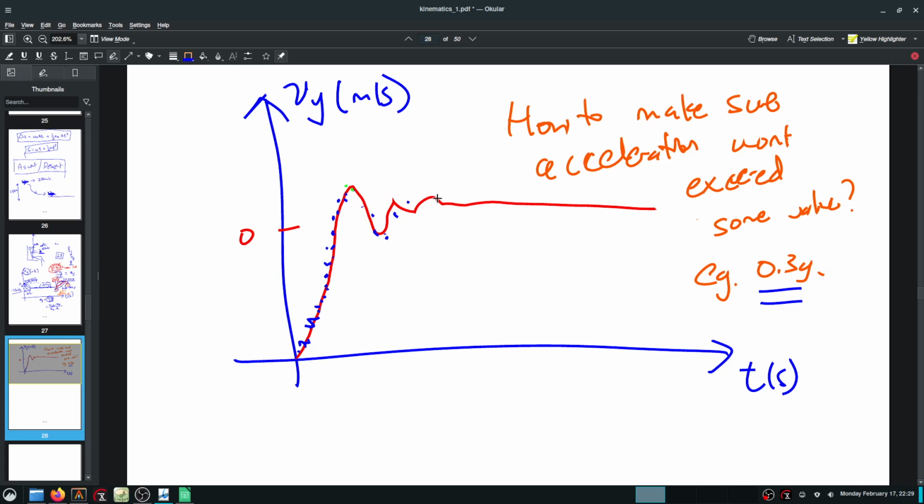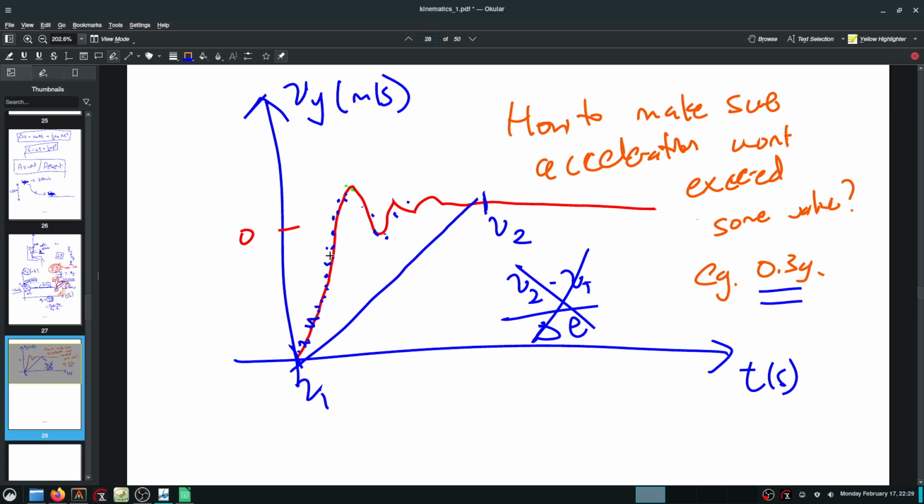It's not just taking this velocity and this velocity and dividing by delta t. This is not going to cut it anymore. You need to know the acceleration at each point of the graph, and test whether it exceeds this 0.3 g. This is how you ensure that your passengers have a comfortable ride.